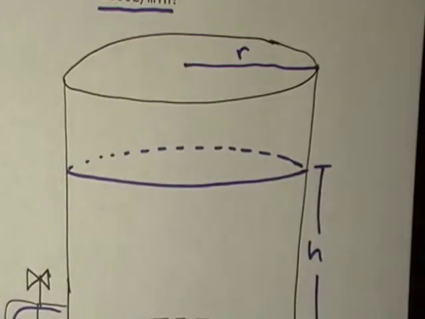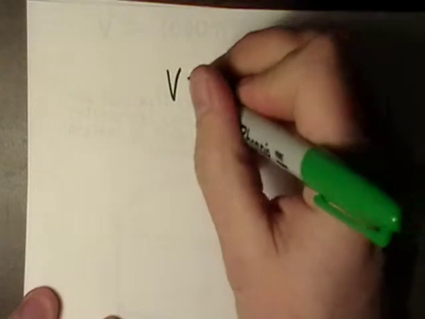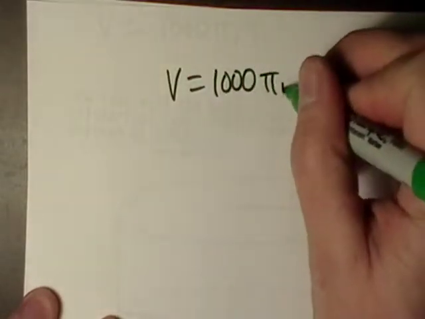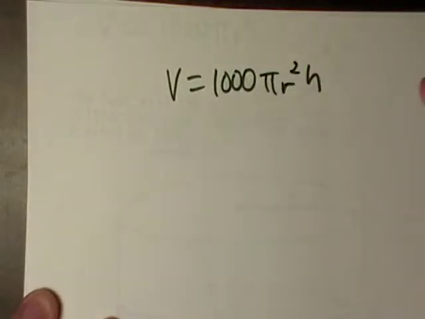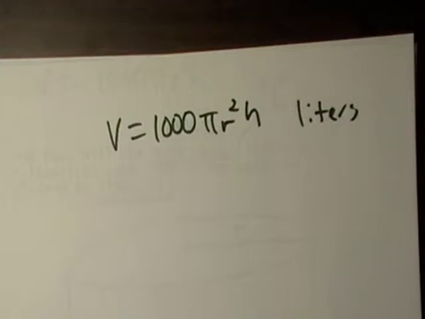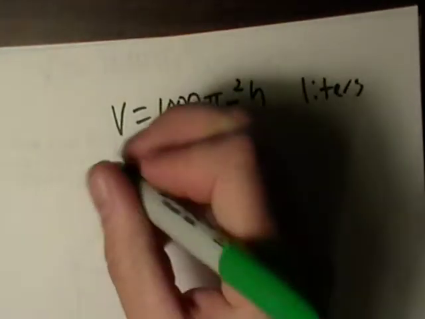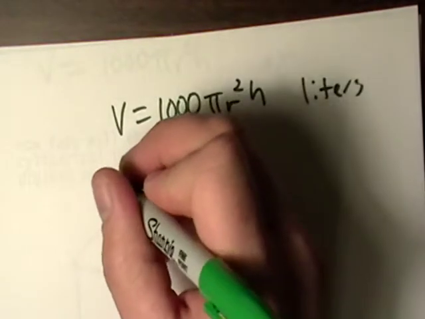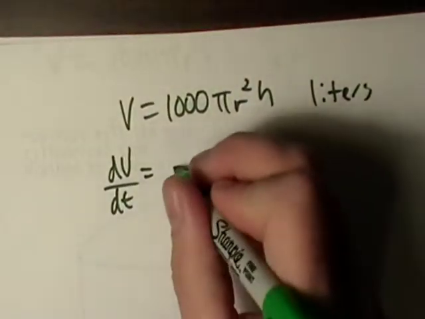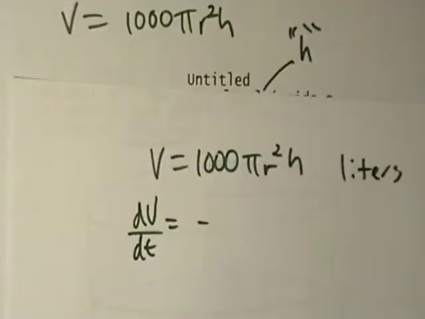So first of all, let's write our original equation. The volume equals 1,000 pi r squared h liters. Okay. The derivative of volume is negative 2,800.